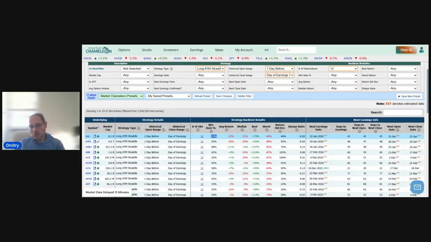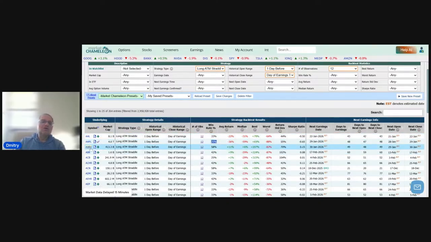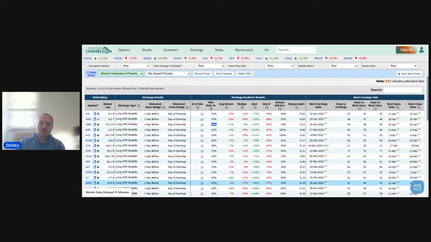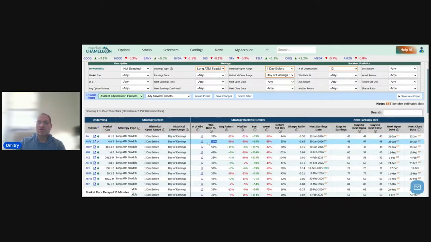That would have been a winner. So one third winners, two thirds losers. That's the historical perspective. You can see here in Apple, 25%. This one, ABBV, 58%. So now we get a sense, for each stock, of the historical frequency that the straddle increased or decreased in value the day after earnings.